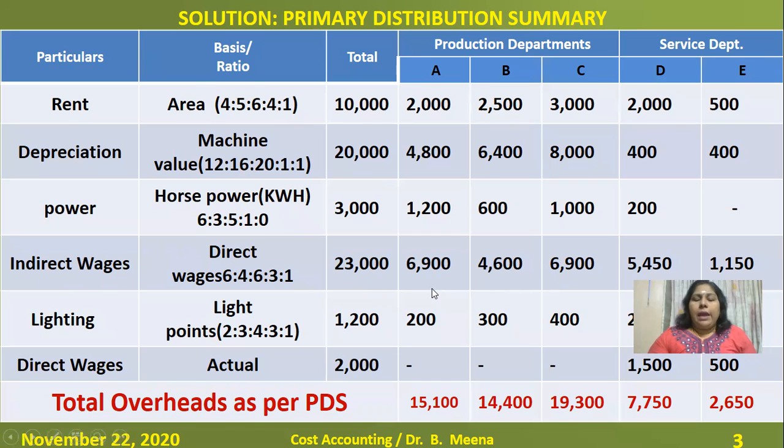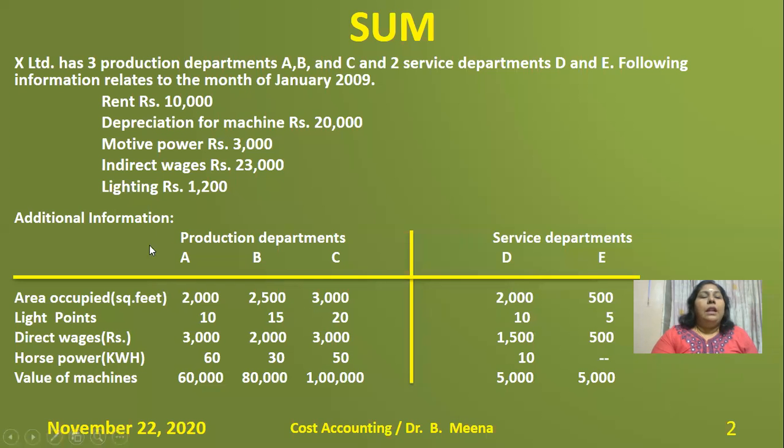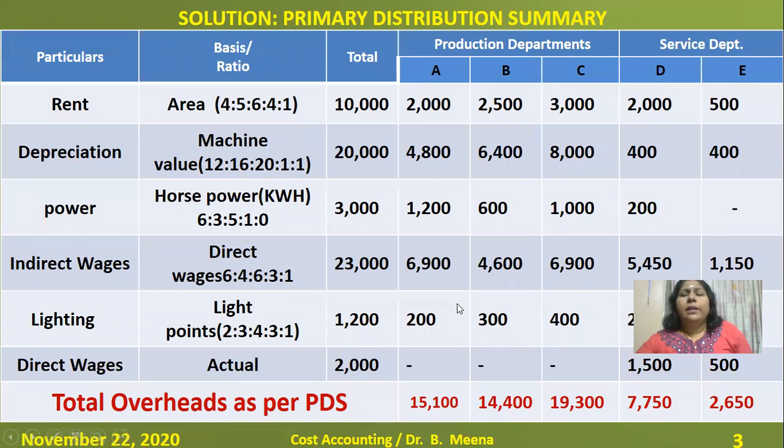Okay. Then I'll move on to the next expense, lighting. So lighting, I have light points information. If light points information is not available, then only I can use the area occupied. If light points are there, you need to follow the light points basis only. So what is the ratio I can take? 2 is to 3 is to 4 is to 3 is to 1. Now look at how I did this calculation.